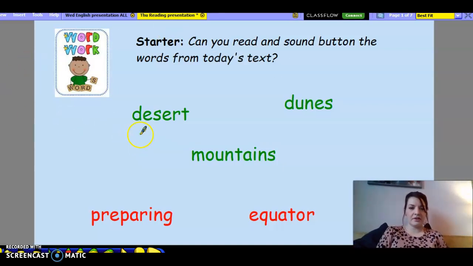Let's sound button the green ones. So we've got, let's make my pen a little bit bigger. We've got d, e, s, t, des, desert. I don't know if you got that one right.